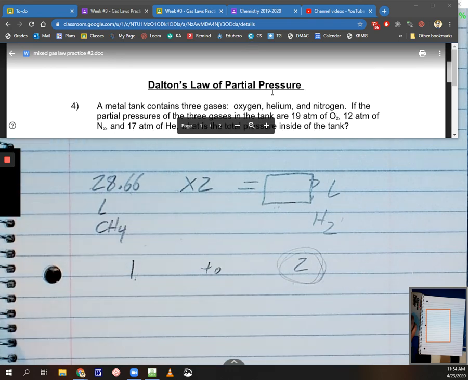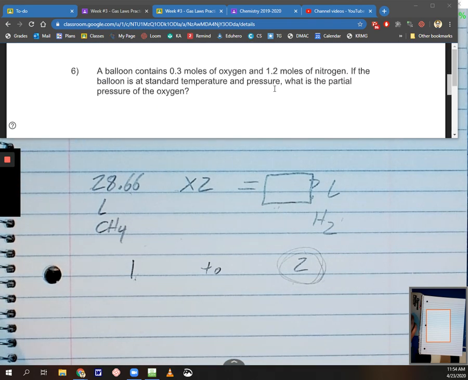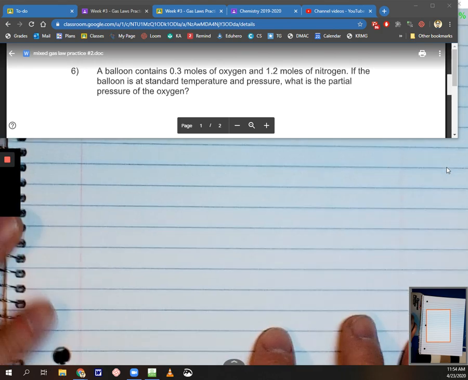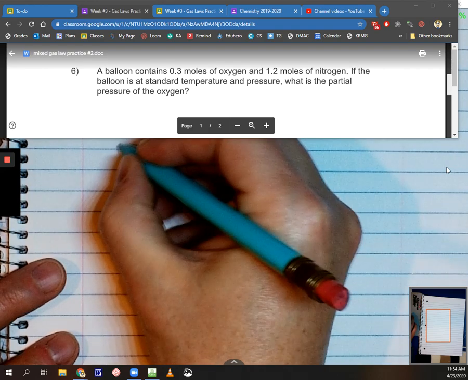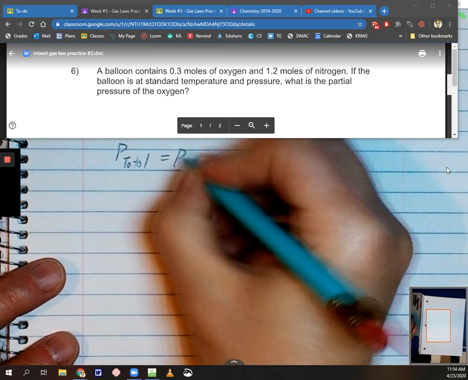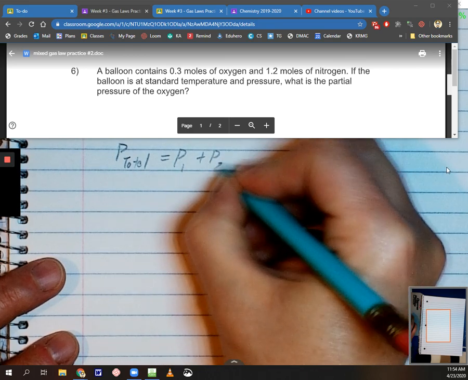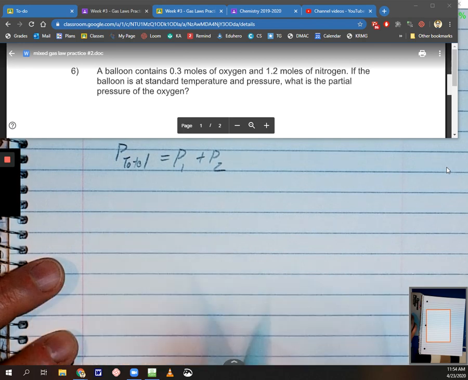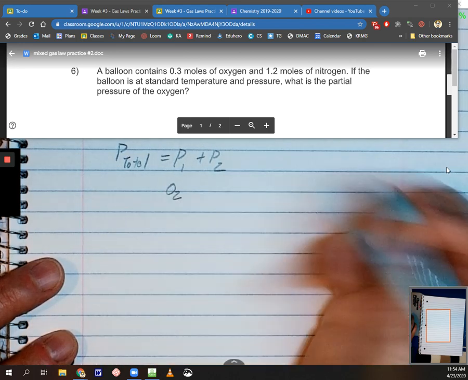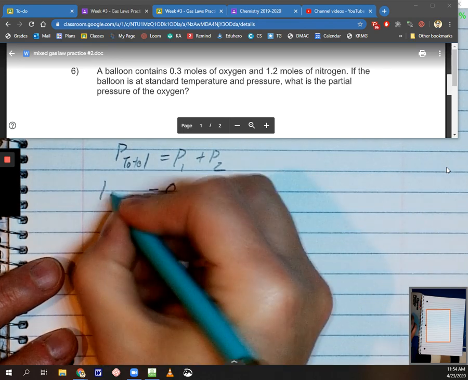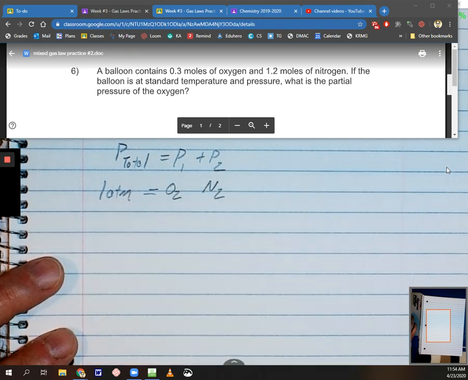Now, a little bit different when we look at number 6. Number 6 is one of those Dalton's law of partial pressures questions where we know that the pressure total equals the pressures of all of the other gases added up. Now, since there's only 2 gases in this problem, there's oxygen gas and there's nitrogen gas. We know that the total pressure is 1 atmosphere, correct?